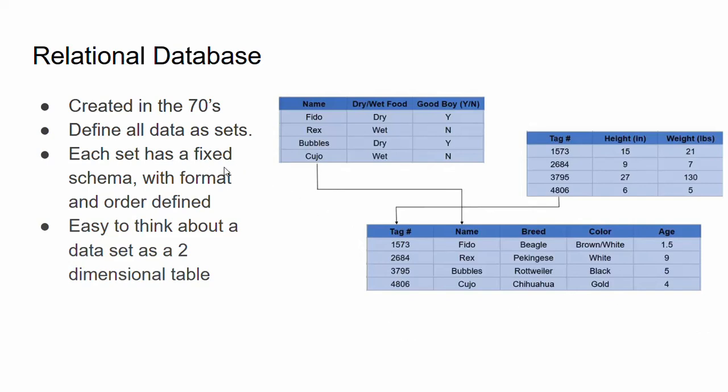When we say fixed, not only is the content defined, but also the format and order are defined. So it's easy to think about data sets as two-dimensional tables, and they can be joined together. Now, I believe all of you in this class should have already learned SQL and are somewhat familiar with the relational data model. So this is provided just as a way to recap what you already know.